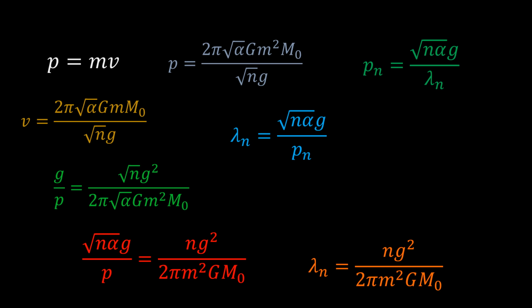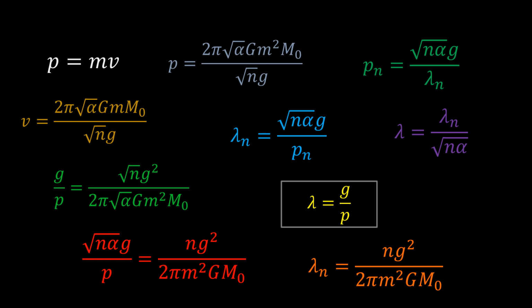For a free planet, that is a planet no longer bound to a star, the idea of solar and quantum numbers become irrelevant. Since the square root of n alpha is just a number, we can absorb it into the wavelength and have lambda equal to this. So we can write lambda equal to g over p. This is the de Broglie equation for celestial objects.